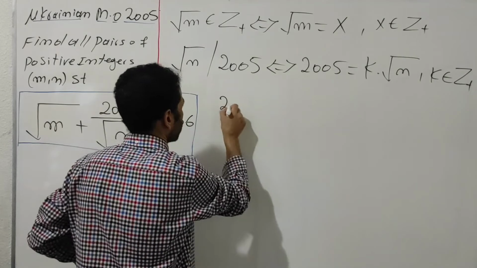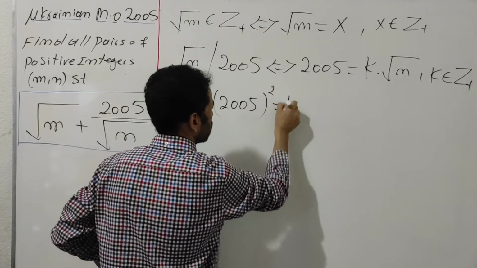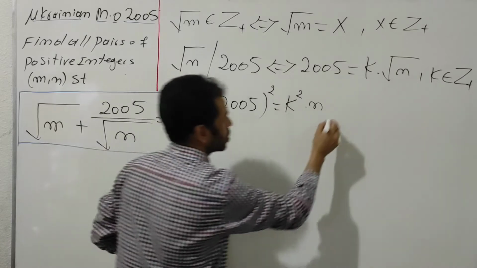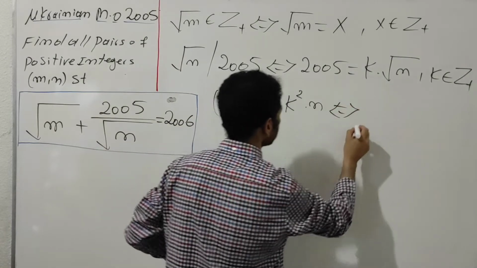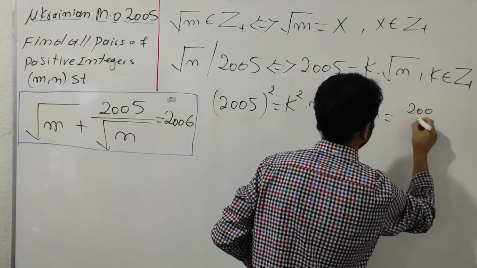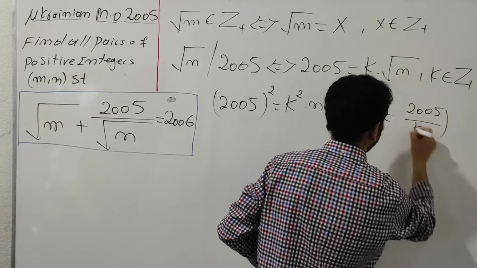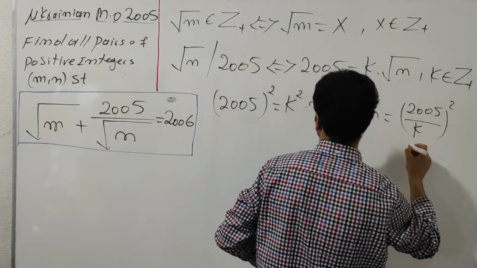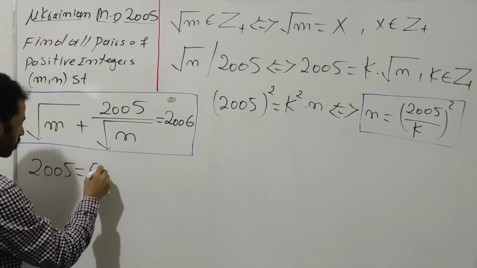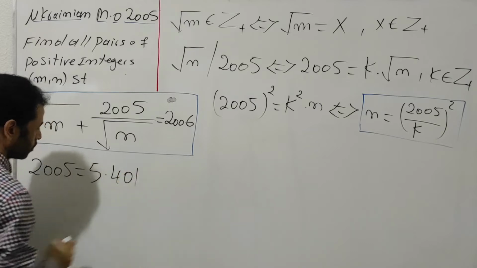Okay, so I'm going to square both sides. I will have 2005 squared equals k squared multiplied by n. This is equivalent to n equals 2005 over k, quantity squared. On the other side, 2005 is the same as 5 multiplied by 401.